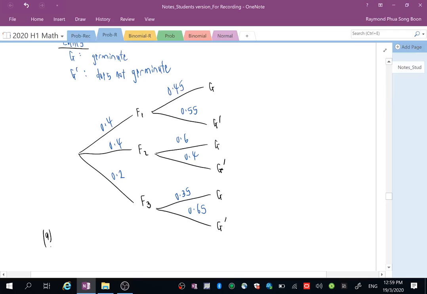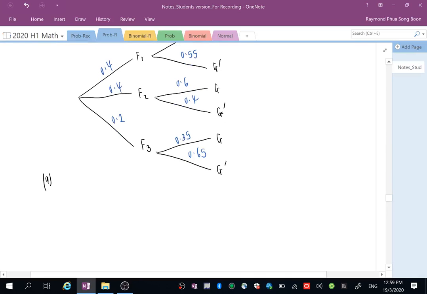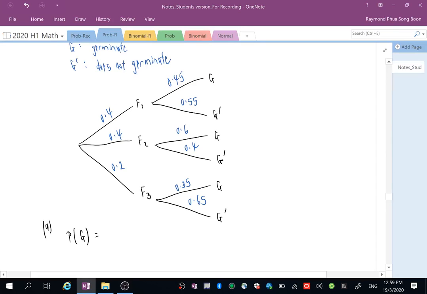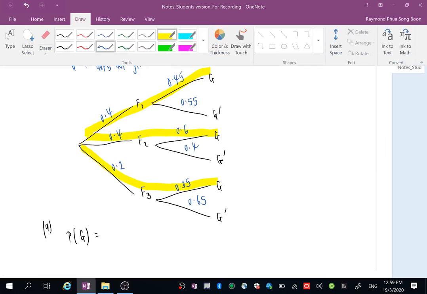Part A, making use of the tree diagram, calculate the probability that a seed will germinate. If a seed germinates, there are three possibilities. It can be from F1 and germinate, or from F2 and germinate, or from F3 and germinate.